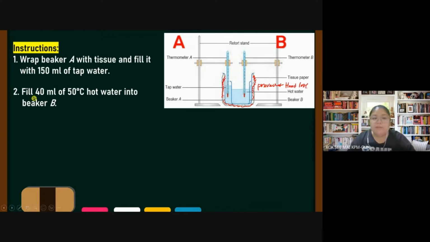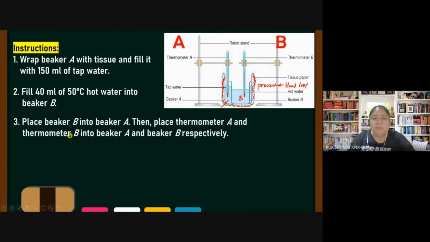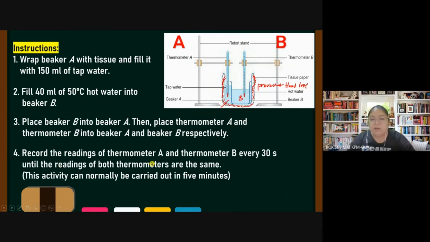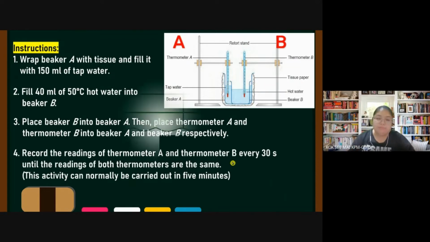They say to fill 40 ml of 50 degrees Celsius hot water inside beaker B. A only uses normal tap water. So place beaker B into A. After that, place thermometer A and also B. Record the reading of A and also B every 30 seconds. So you need to check until what time the temperature becomes the same.